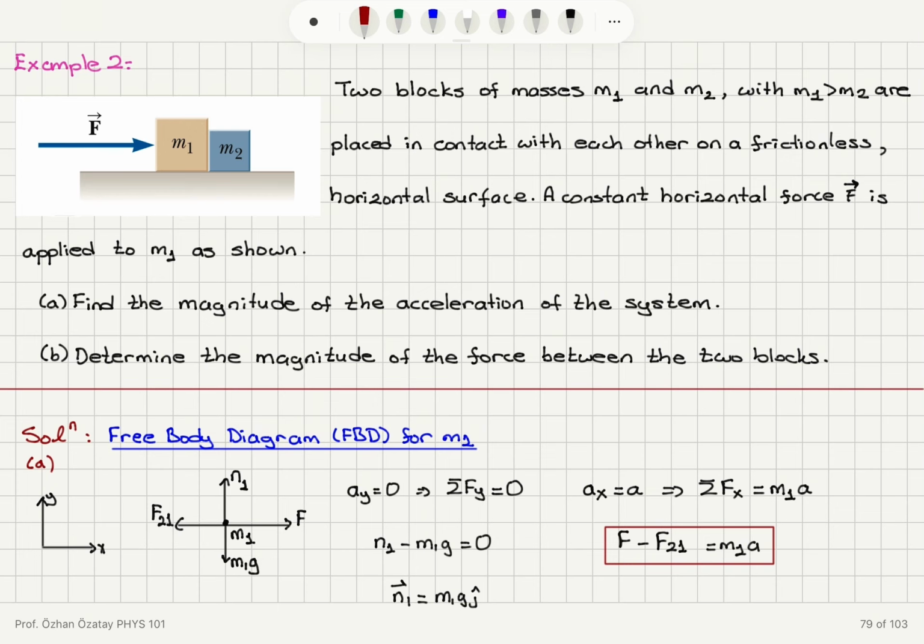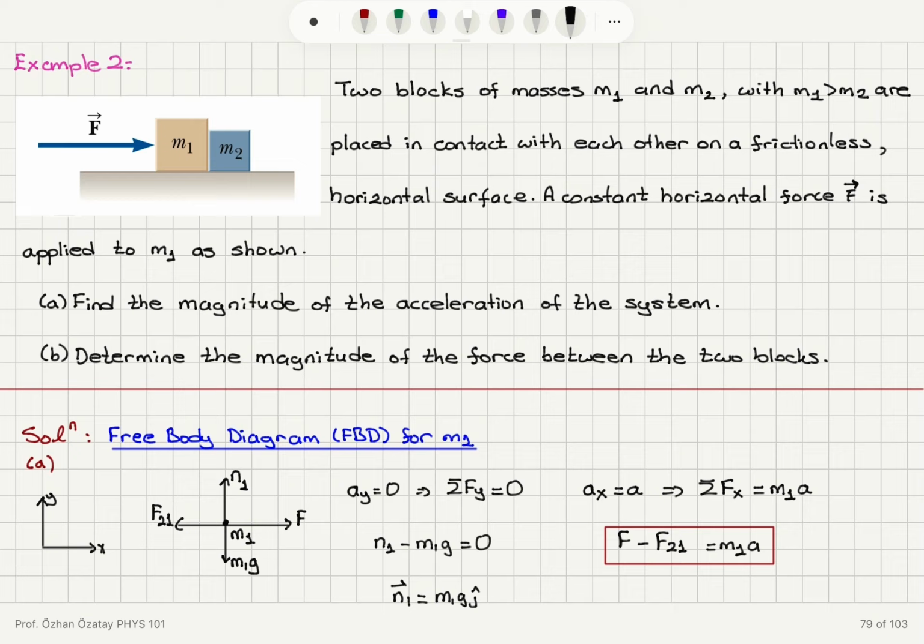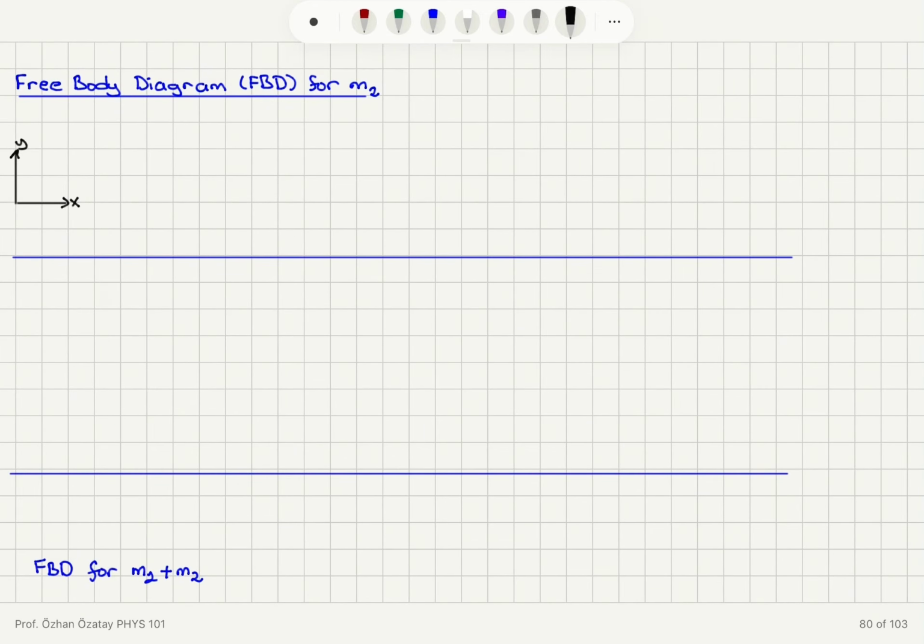Now, we can look at the free body diagram for M2. So let's again note our coordinate system here. This is the y-axis, this is the x-axis. M2 will be modeled as a particle, so we have a single particle here.